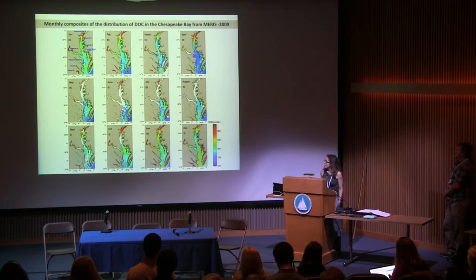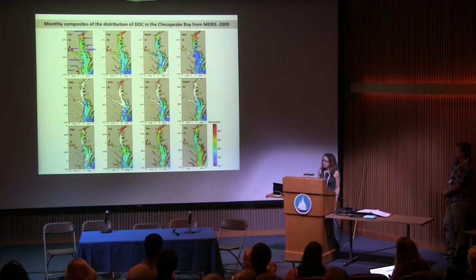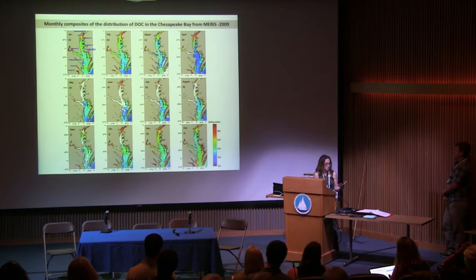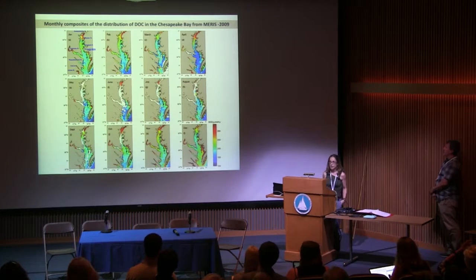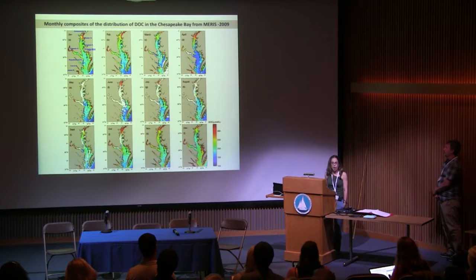But what I thought was interesting was these very high DOC values in this area in the Chesapeake Bay, particularly for December. Now, people who are familiar with the Chesapeake Bay system would clearly see that this is an area where we have the largest marsh in the Chesapeake Bay, the Blackwater Refuge marshes. So it's reasonable to get high DOC values. But why in December?